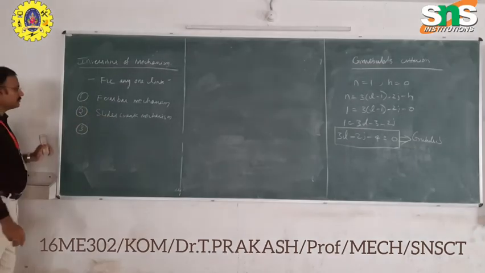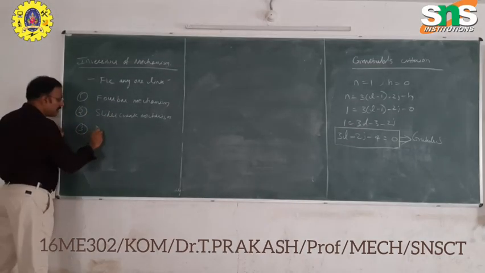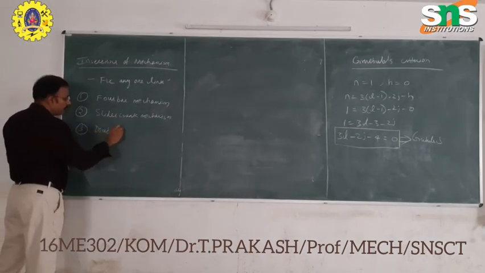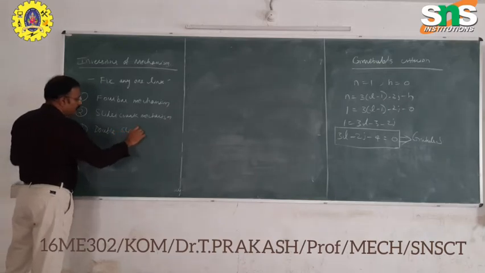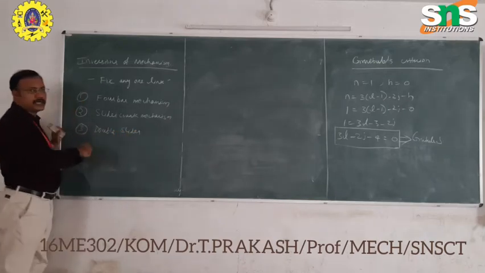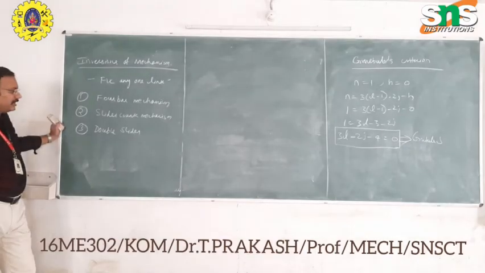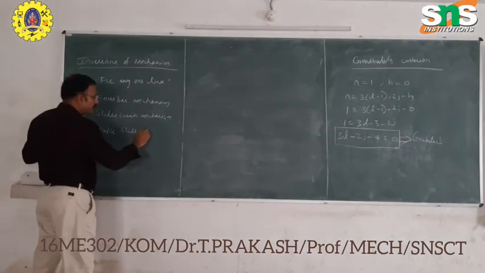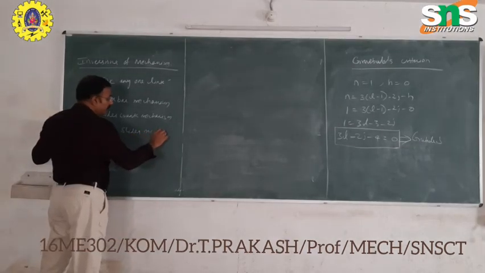And the double slider crank mechanism, where 2 rotations or 2 translations are required, then we can go for a double slider mechanism. It has different applications. You will see them one by one.